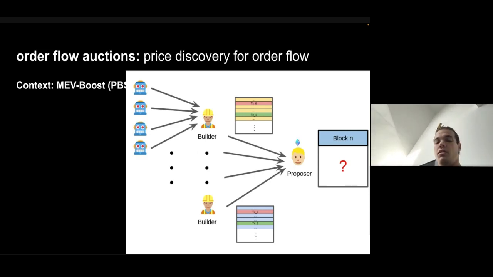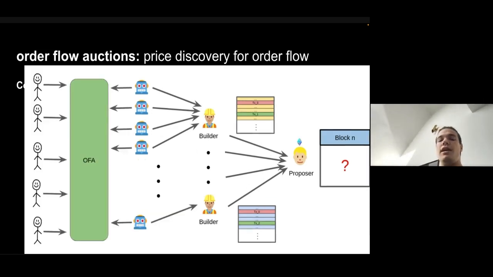The order flow auction, logically, but not necessarily in the implementation, can be thought of as preceding this, right? So you might implement this completely differently. But my point is that the order flow auction happens earlier on in the supply chain, where value accrues to users. Now here I've drawn one big green rectangle for the OFA, but that's, again, just an abstraction.